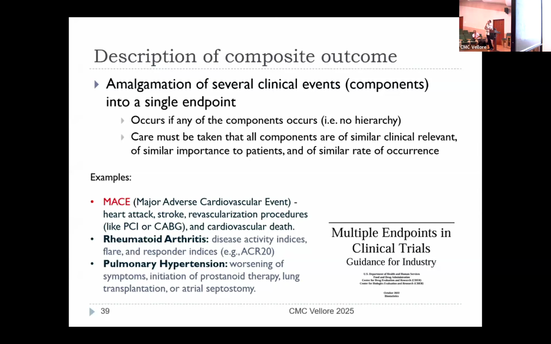You had a question? Can you combine clinical and a lab measure? Yeah, you can do it. Again, basically the same answer to her question. If you are creating a new composite that's not a well-established composite that others have already done, then you'd better be prepared to defend it.